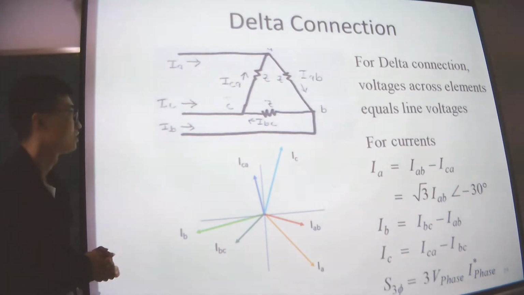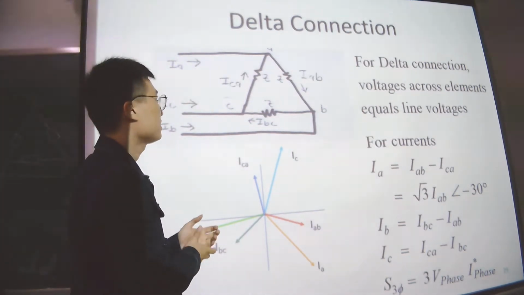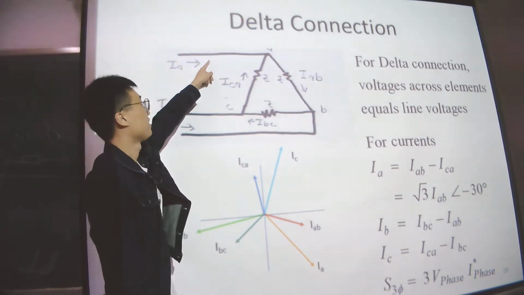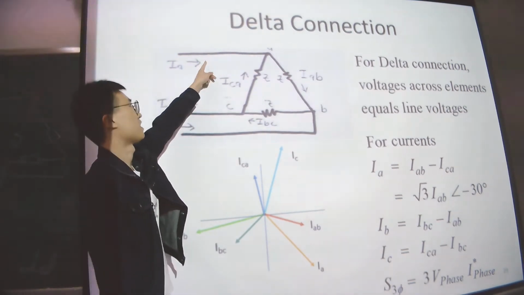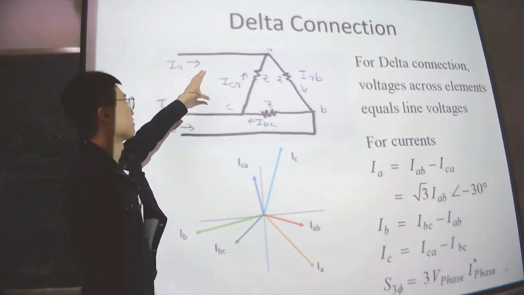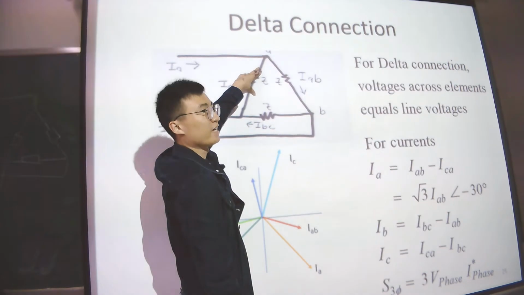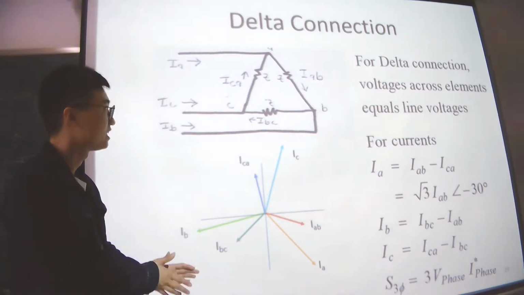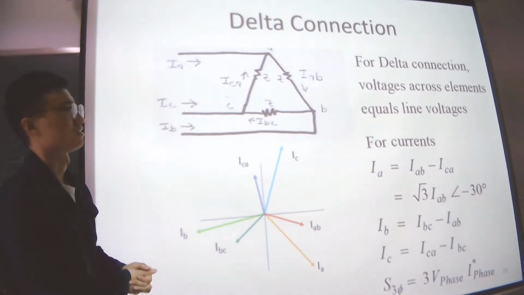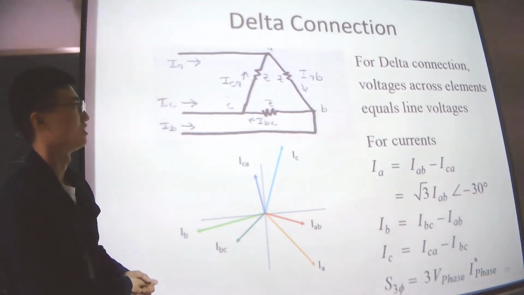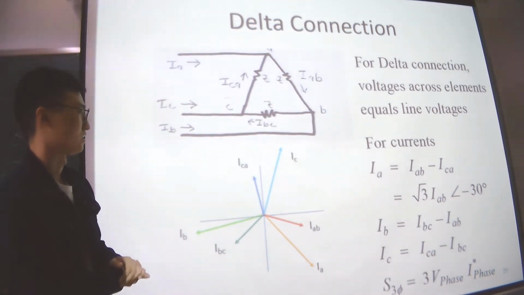Okay, so in the delta connection, the line voltage, the voltage between line A and line C, VAC, is equal to the phase voltage. So in the delta connection it is the opposite of the Y connection: the voltage is the same.